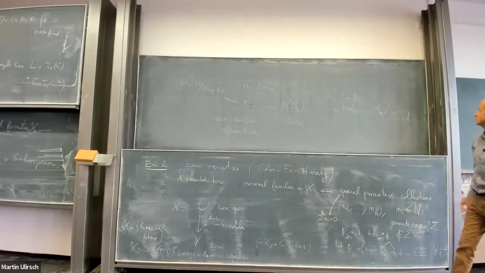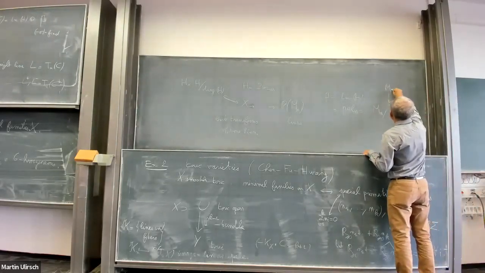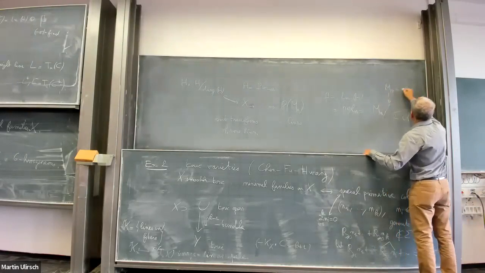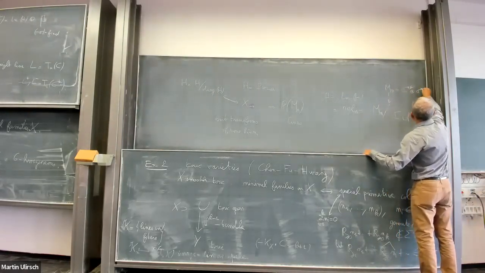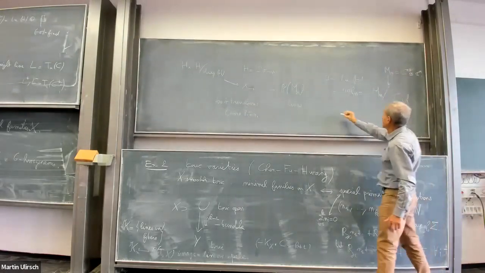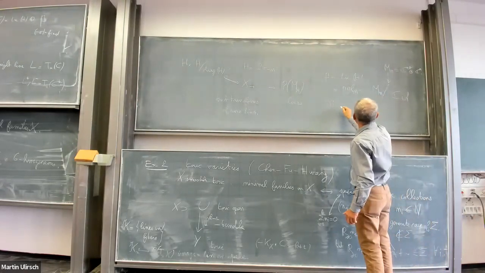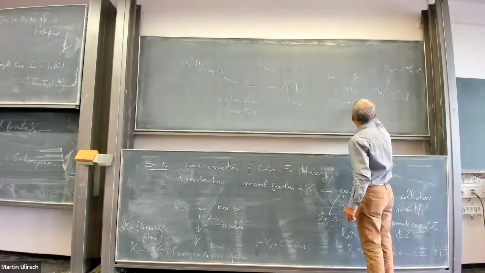And in M_n, this is for C^n. When you go to the projectivization of this, what you get is the same object that we had before, P of C^n star times P of C^n.